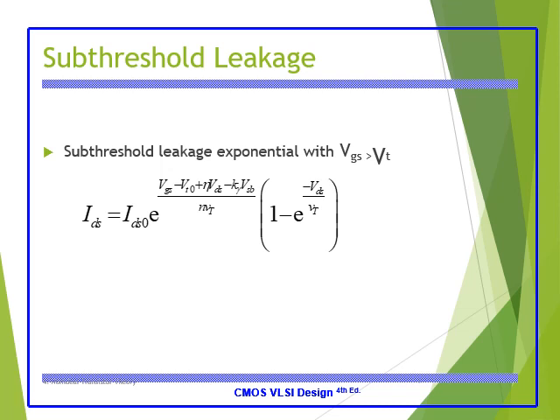Here, IDS0 is the current at the threshold and IDS0 is equal to beta vT square times e power 1.8.